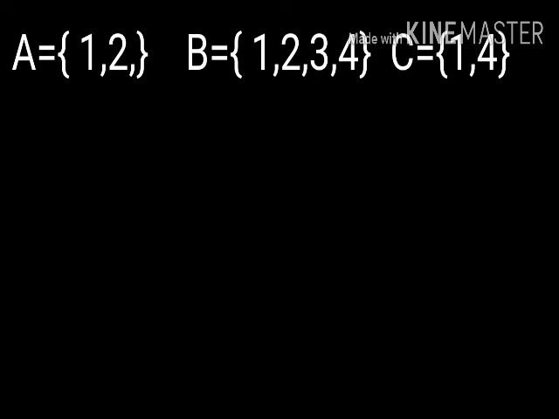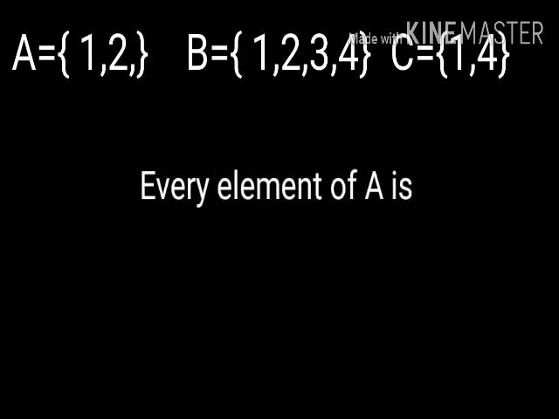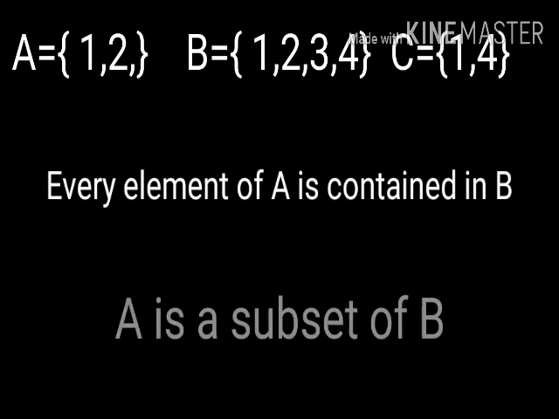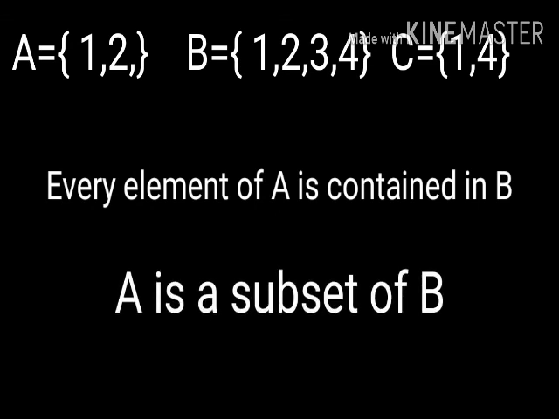The first two elements 1, 2 belong to set B. That is, every element of A is contained in B. In this case, we can say that A is a subset of B. Symbolically, we can write it as A ⊆ B.